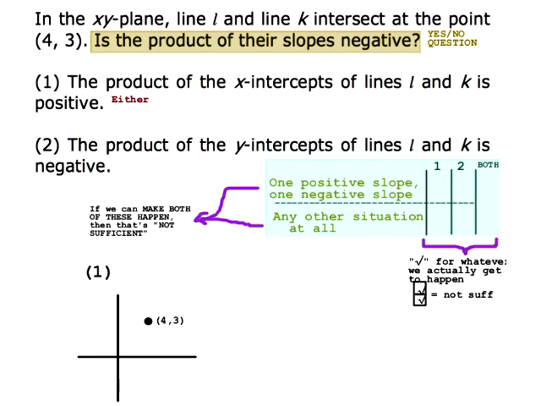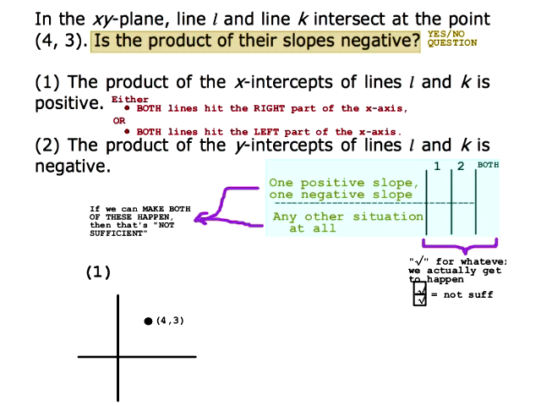So both lines hit the right part of the x-axis, or both lines hit the left part of the x-axis. I mean, this is the condition that you have to obey. So in other words, you have to have both lines do this. So in other words, we can draw both lines hitting this part of the axis if we want to.